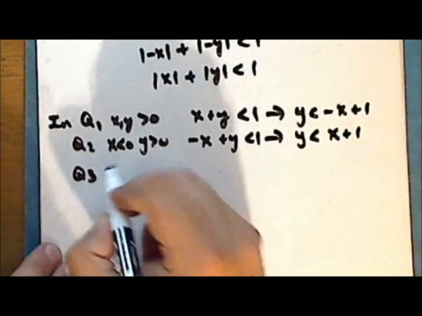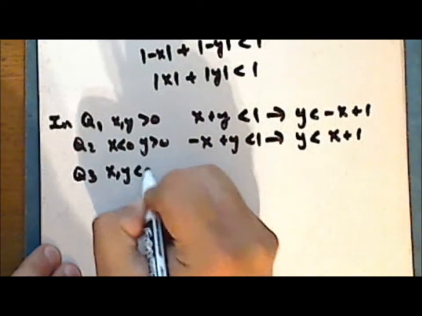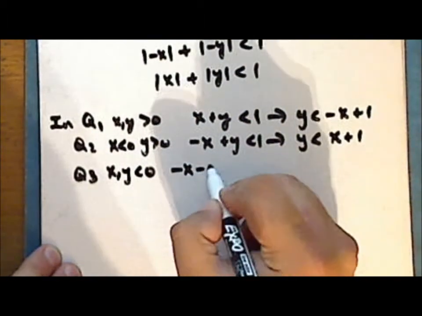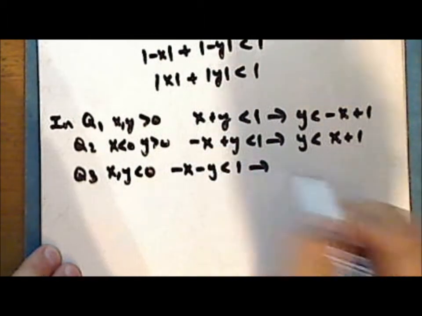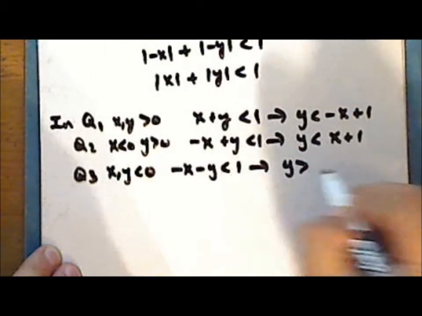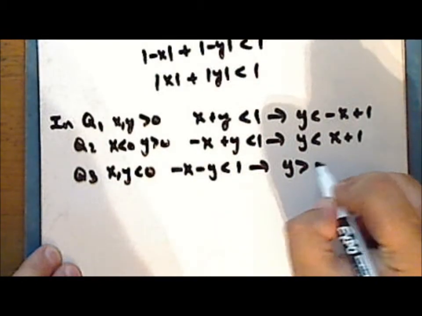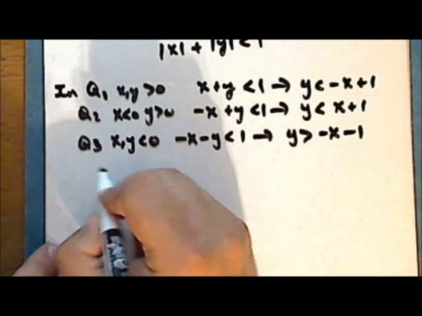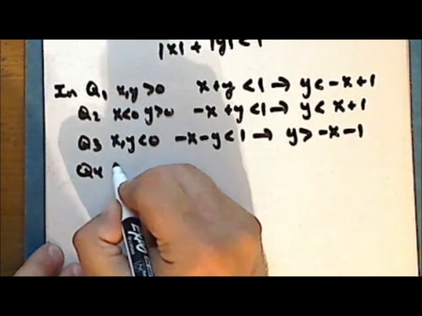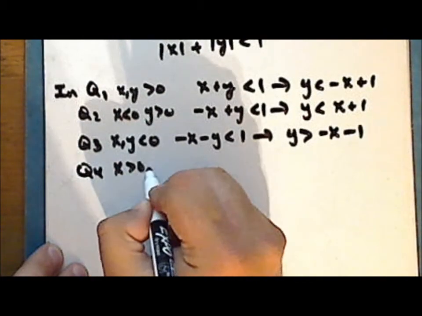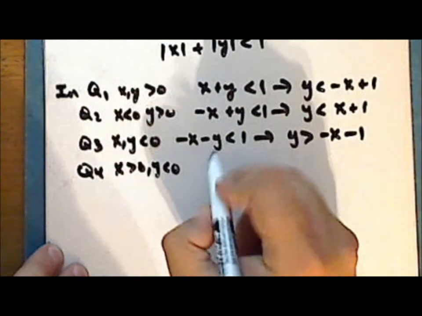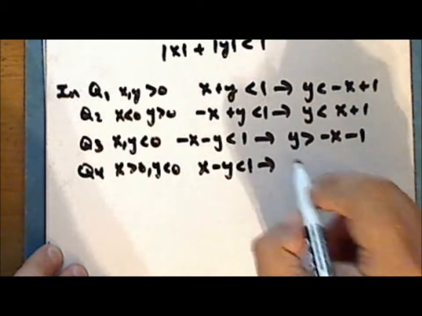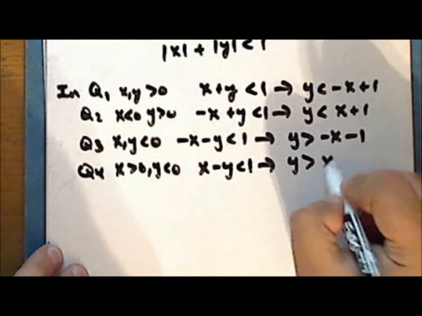In the third quadrant, both x and y are negative, and so this inequality becomes negative x minus y is less than 1, which gives us y is greater than negative x minus 1. And in the fourth quadrant, x is positive while y is negative, and so we have x minus y is less than 1, which gives us y is greater than x minus 1.